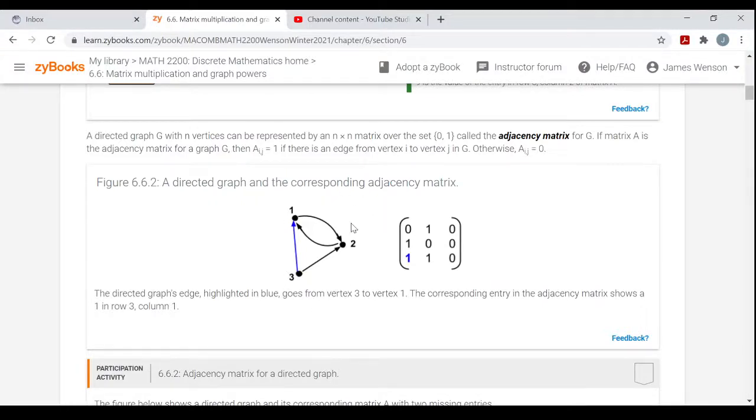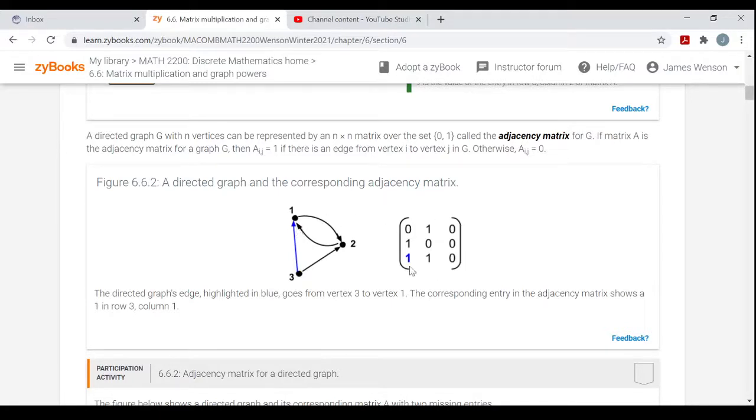So here's this graph on a set of 3 vertices, right? So notice the adjacency matrix has 3 rows and 3 columns. See how there's an edge from vertex 3 to vertex 1.